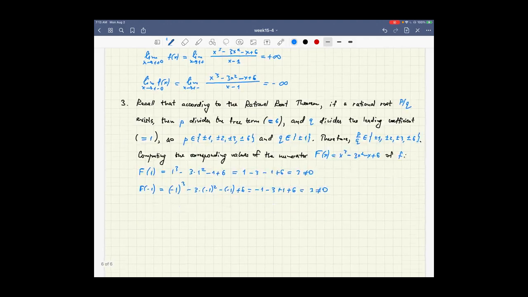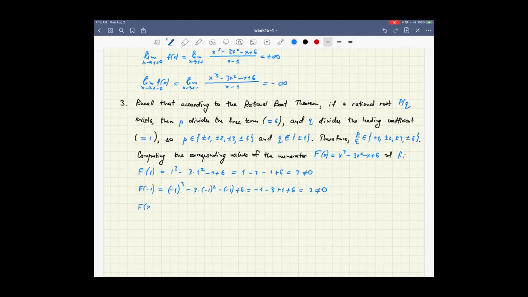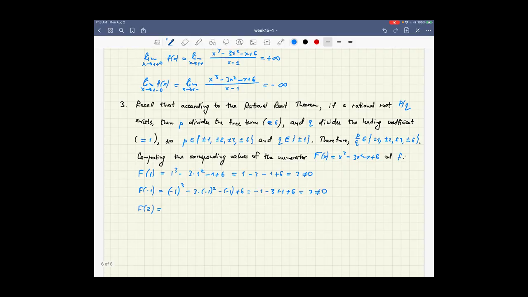again 3, which is not 0, fine, and F at 2 will be, oh, that's nice. That's 0.